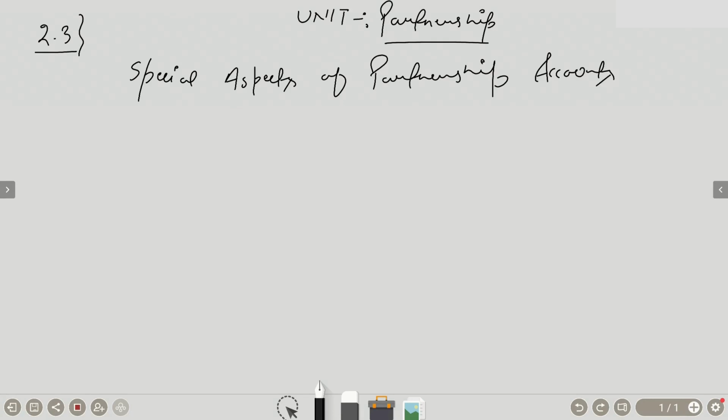In class 11th, we had learned about accounting for sole proprietorship, that is, how a proprietor should record the business transactions in a systematic and correct manner.